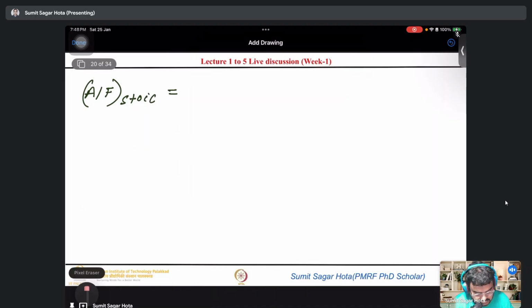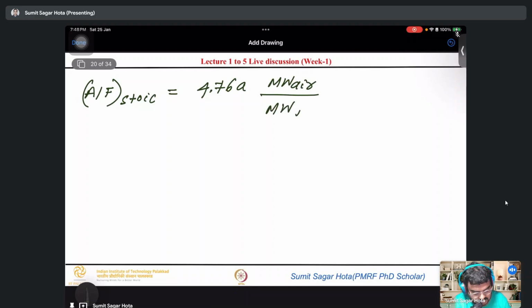So this is your 4.76 times A times molecular weight of air over molecular weight of fuel. Okay, 4.76 times 28.85.